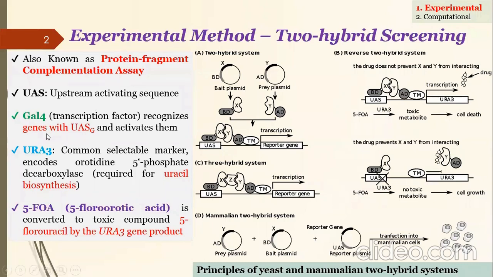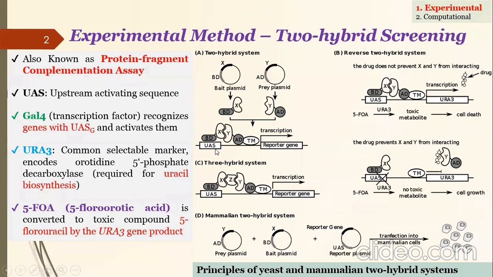A few things are important before going into these diagrams. First is UAS. UAS means upstream activating sequence, the upstream activating signal for the reporter gene. So we will have a reporter gene, and before that we will have an upstream activating sequence, UAS.